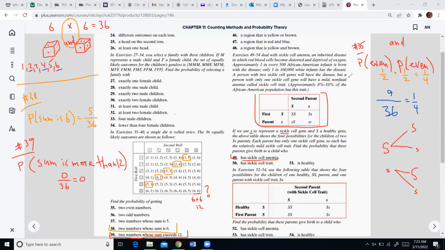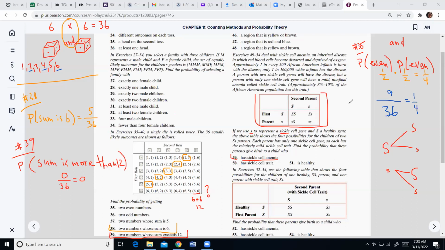There is a lot of technical information, but the question is simple. There are children of the two parents with S and little s. So what's the case when somebody has the particular disease?